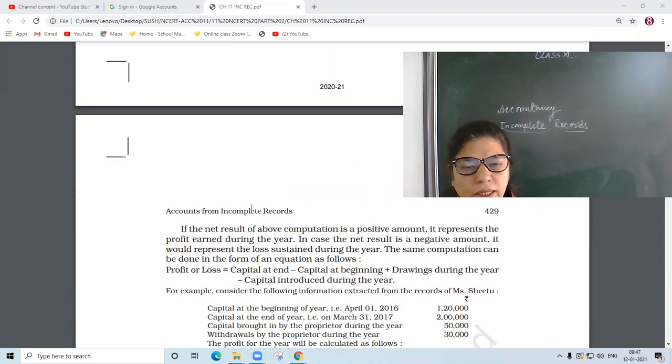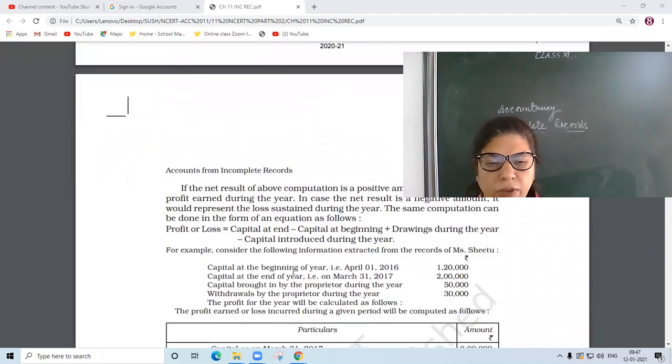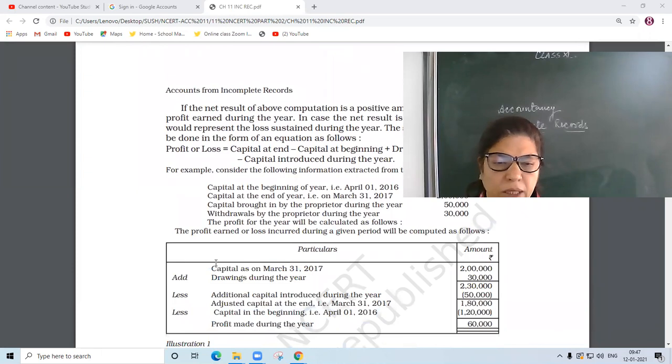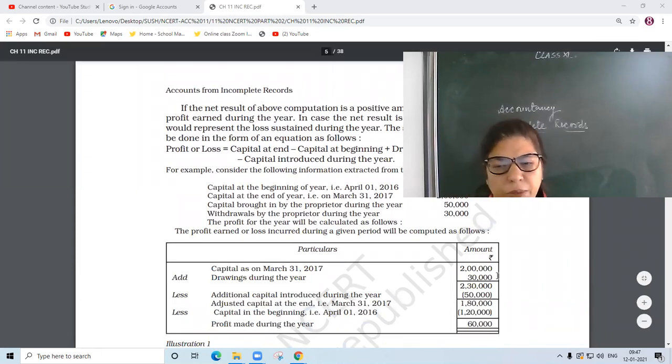As you know, this is an incomplete single entry system, so the formula can also be used, but it is always advisable to make the statement. Then it will be easy for you. But the formula and statement both will give the same answers.